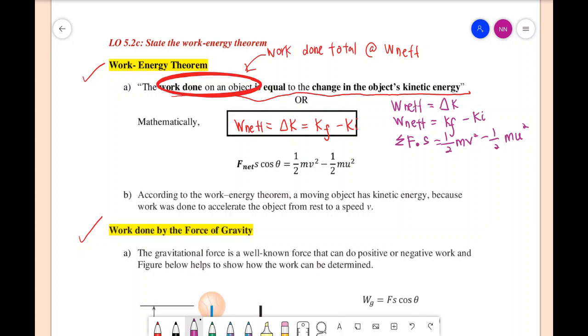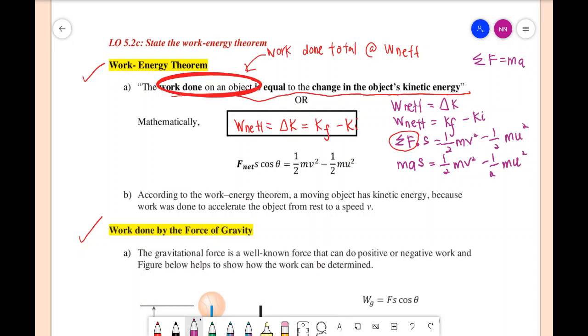From Newton's second law, net force equals ma, so we can substitute ma for net force. It becomes ma times displacement s equals half mv squared minus half mu squared.